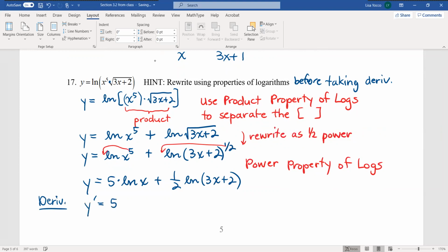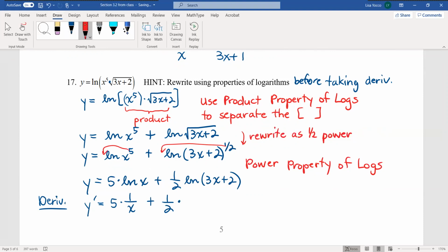Hang on to the 5. ln of x, that's the simple case. So the derivative of ln of x is 1 over x. Keep the 1/2. And 3x plus 2 is the function.